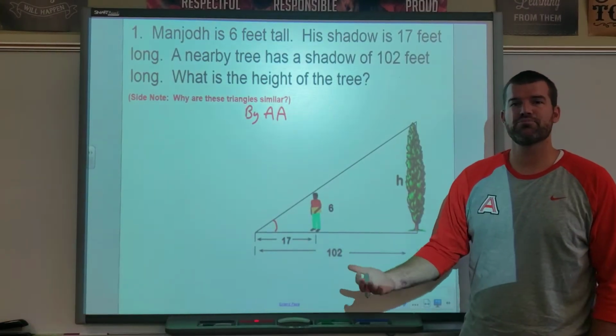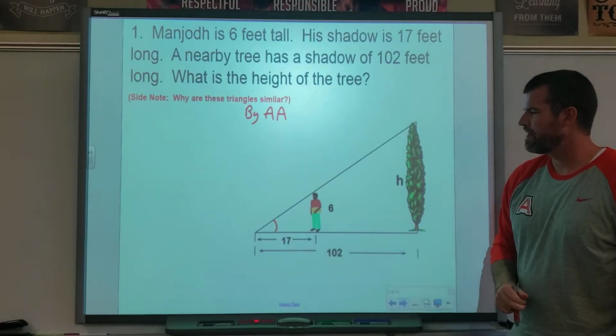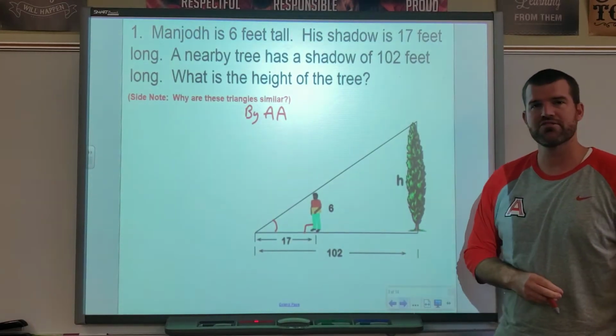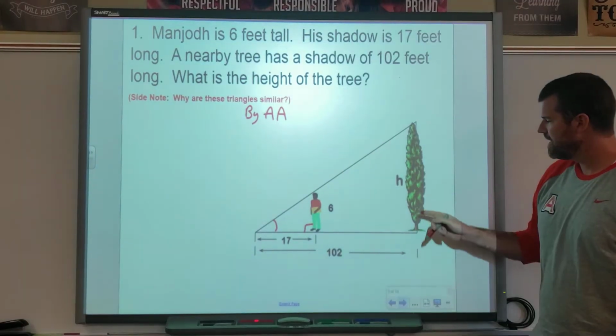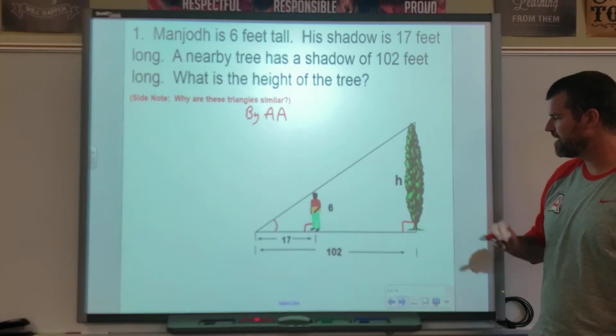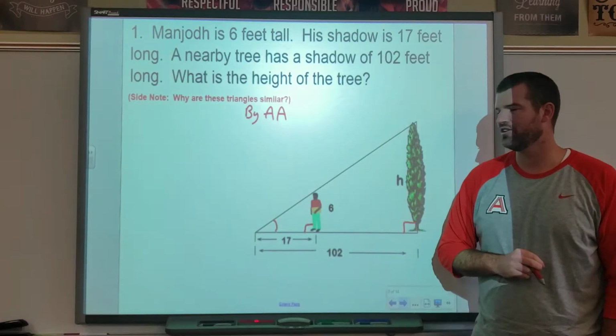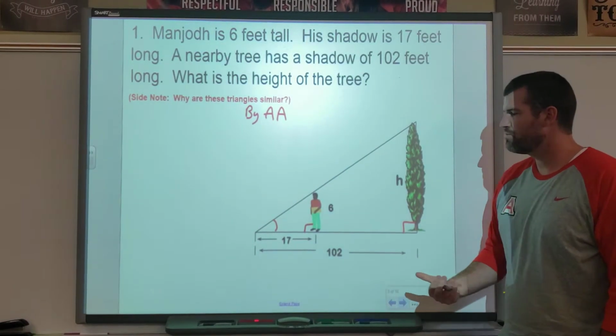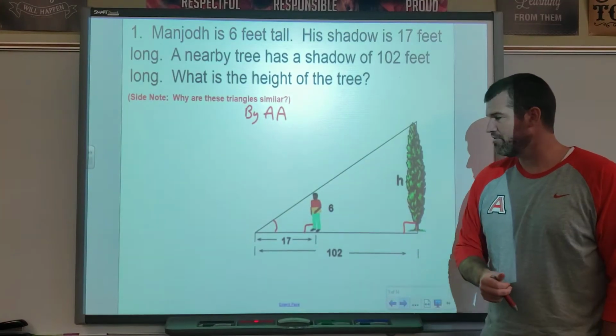That's the reflexive property using angles. But then also, Manjad is standing perpendicular to the ground, so that forms a 90-degree angle. And then the tree is growing straight up out of the ground, which also makes a 90-degree angle. So we do have similar triangles, which means we can write a proportion and solve it.